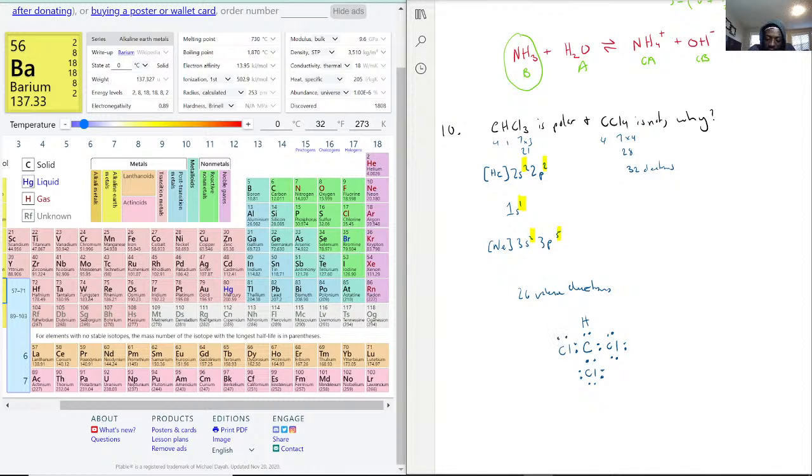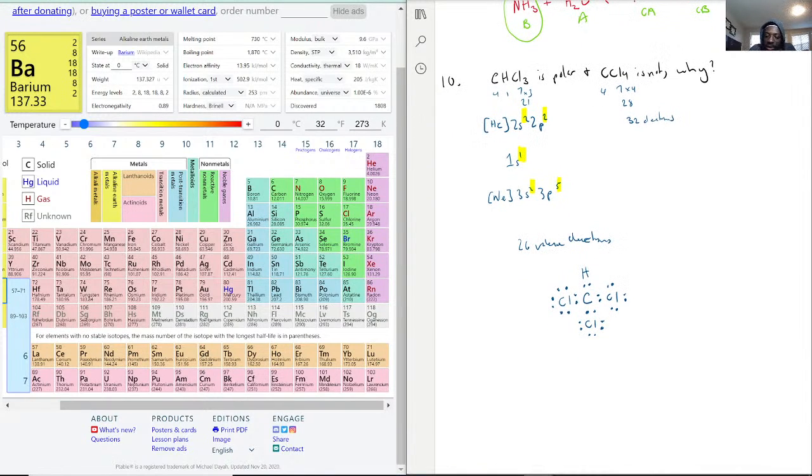And then we see if we accounted for the right amount. So we have 2, 4, 6, 8, 10, 12, 14, 16, 18, 20, 22, 24, 26. Oops, I think I miscounted. 2, 4, 6, 8, 10, 12, 14, 16, 18, 20, 22, 24, 26.